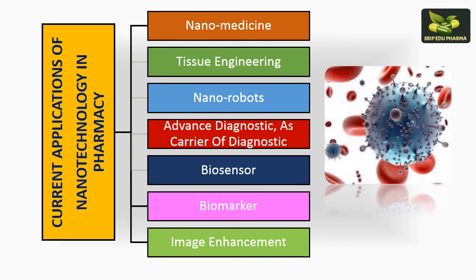Then biosensors and biomarkers are there. Acute biomarkers have been developed from the body in vivo to gain quick access or a good evaluation of the disease. Then image enhancement. So these are certain applications of nanotechnology in pharmacy as well as in the field of medicine and technology concerning human health.